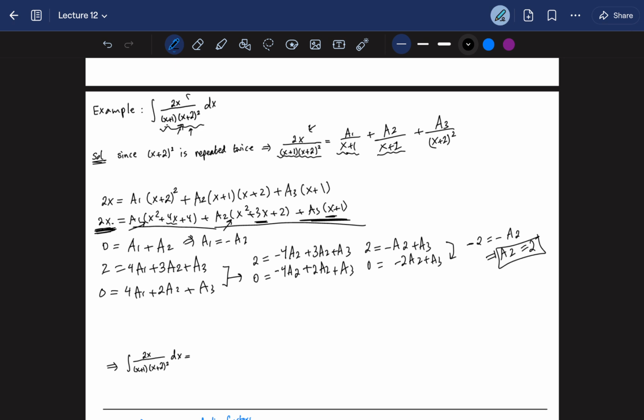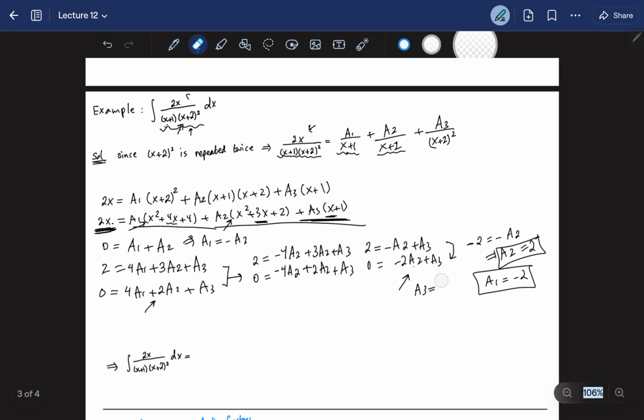And then if you plug that back in to get the value of a1, a1 is just negative 2. And lastly for a3, just plug in any of the values, either in this equation or the equation that we started with, but it's just easier to plug it here. So a3 is just 4.